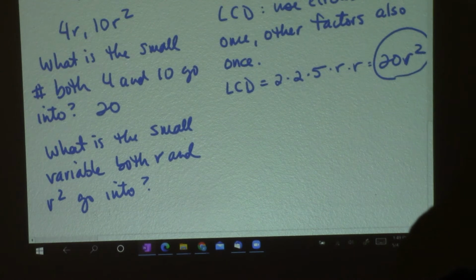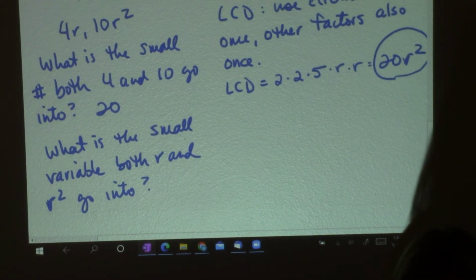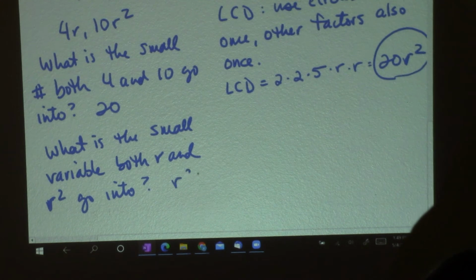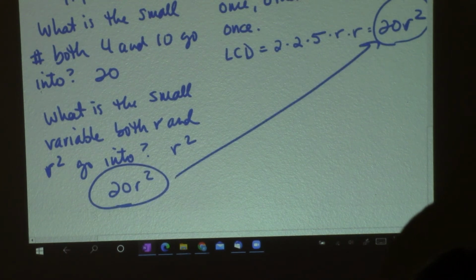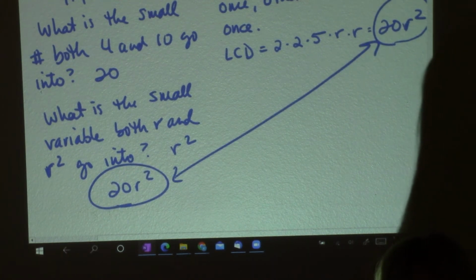R has just r. You can have as many r's as you want. R squared, the smallest number I have is 2 there. So I have to have at least 2 to be able to say that the r and the r squared go into it. So when I combine 20 and r squared, there we get it, and it's the same as this. So that's 2 ways.